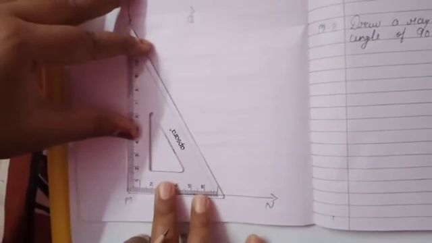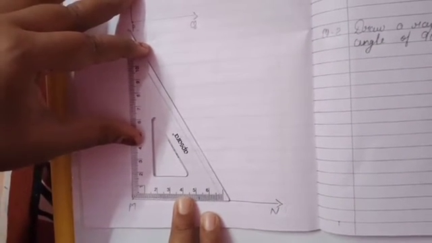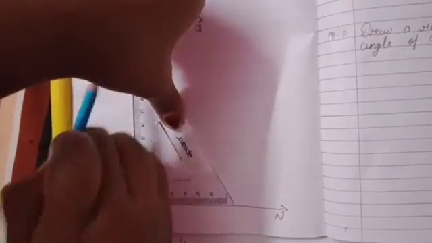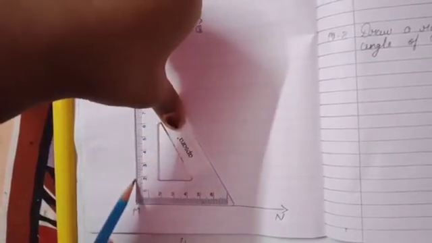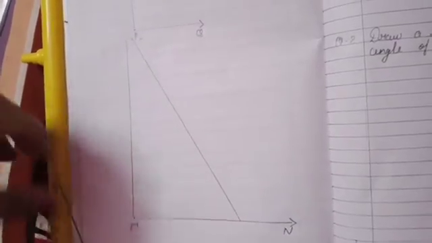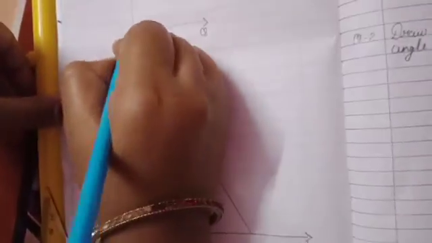This we will keep at point M properly. Now we have to draw. See, this is a 90 degree and here we will give the name MO.